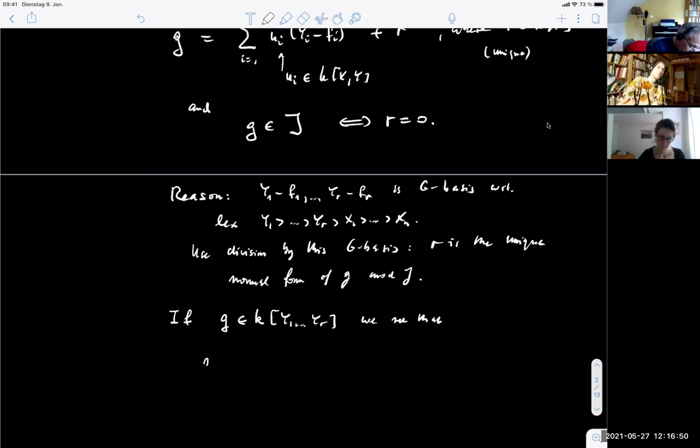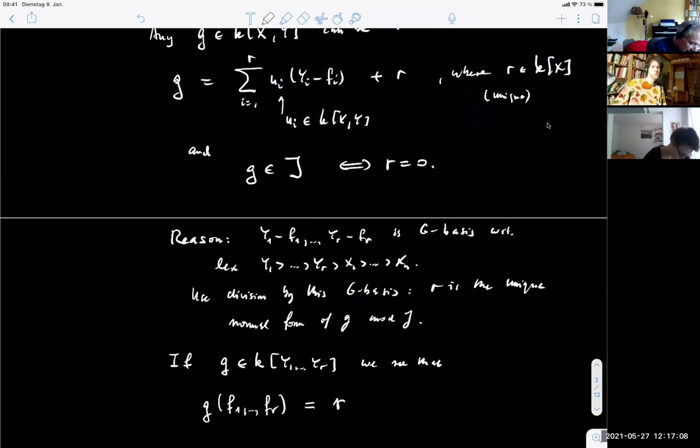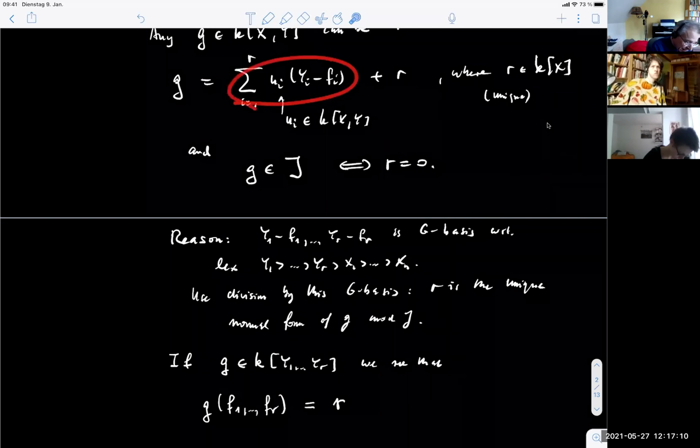I just substitute the y variables by the f's, and what I get must be r, because this thing disappears after the substitution.